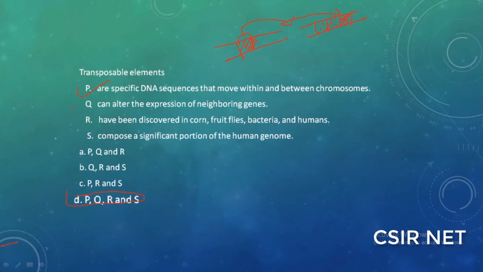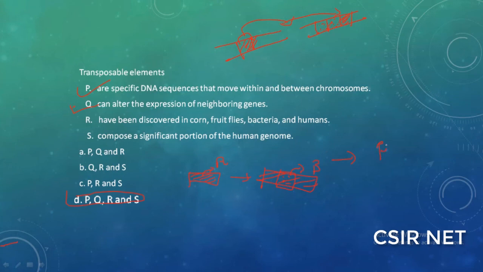Second thing is it can alter the expression of neighboring genes. So it has the capacity to alter, because earlier this gene was coding for A amino acid, but after the interruption of the transposon, now it is coding for B amino acid.